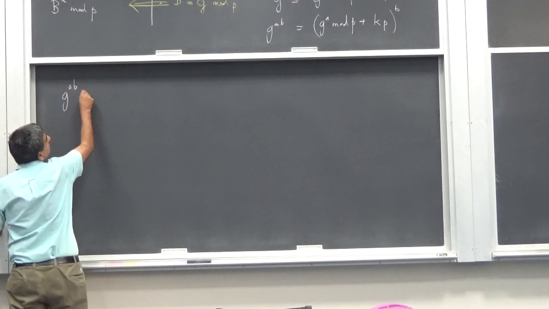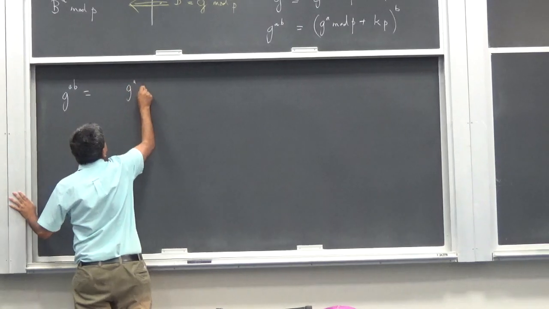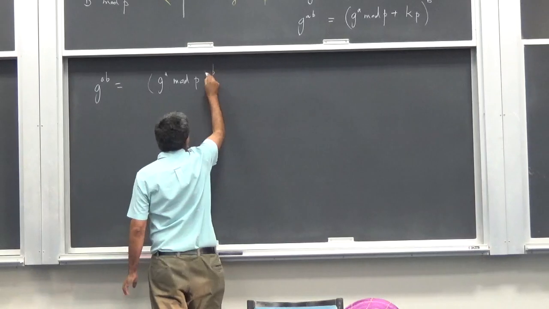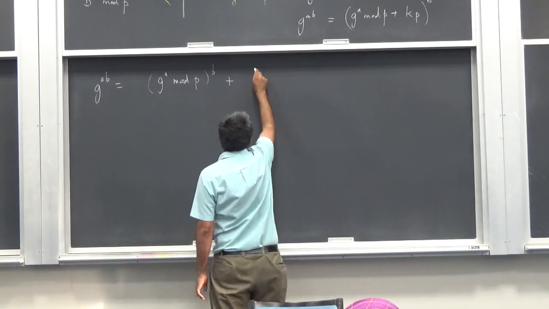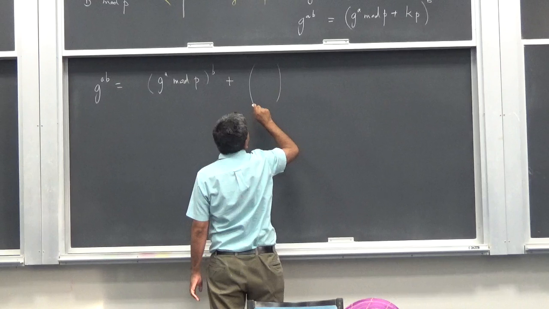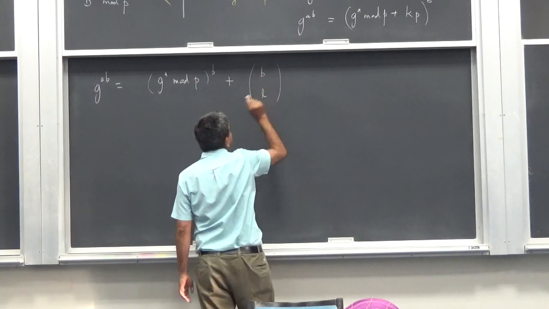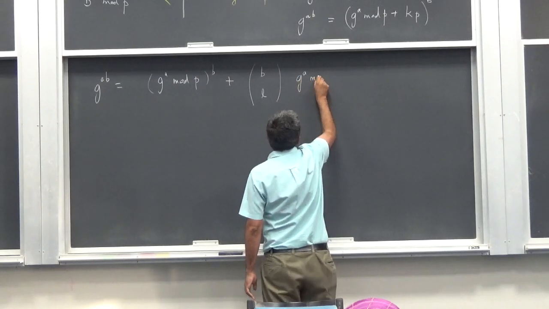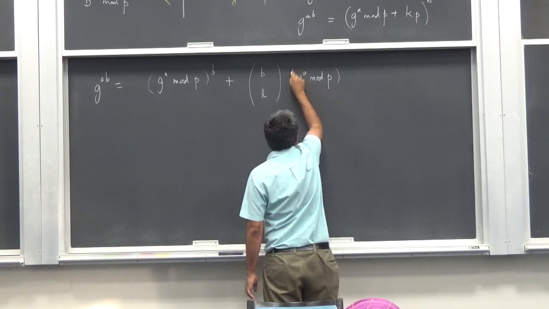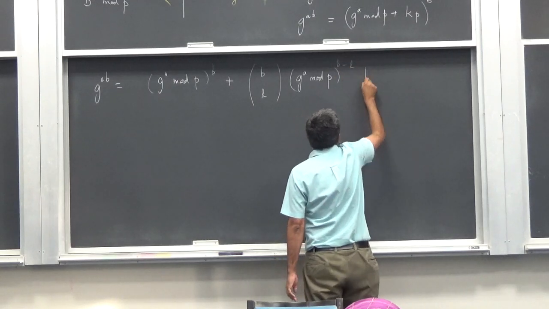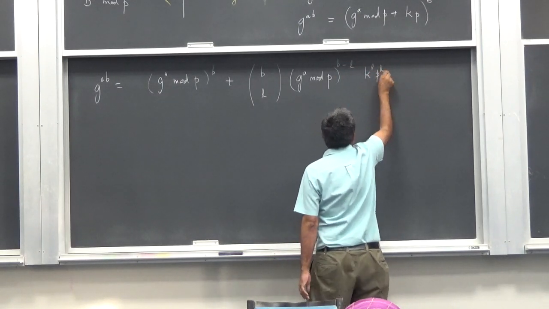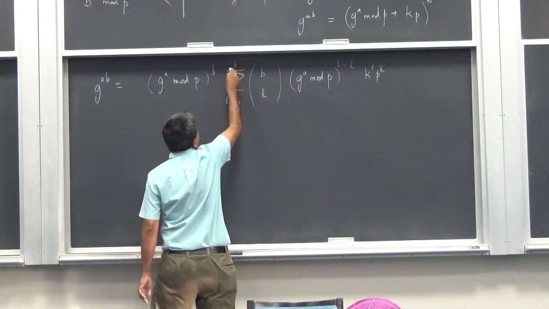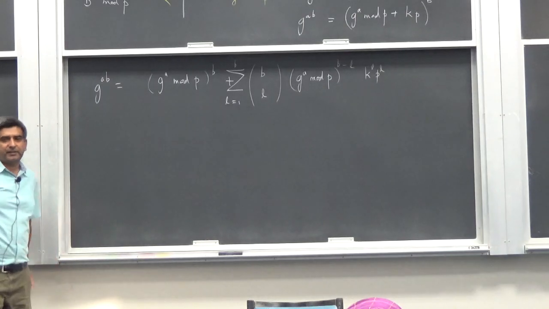G^(AB) becomes (G^A mod P) raised to power B, plus the combination of B choose some running variable L, times the first term (G^A mod P) raised to power B minus L, times K, L, P, L, with this variable L running from 1 to B, right? This is the binomial theorem, isn't it?